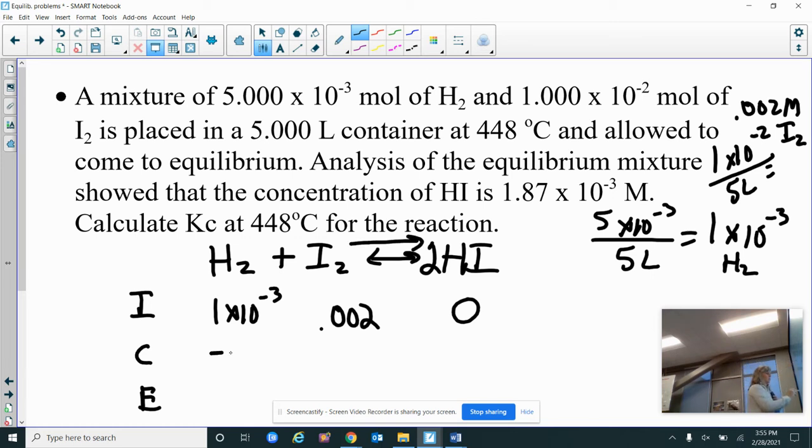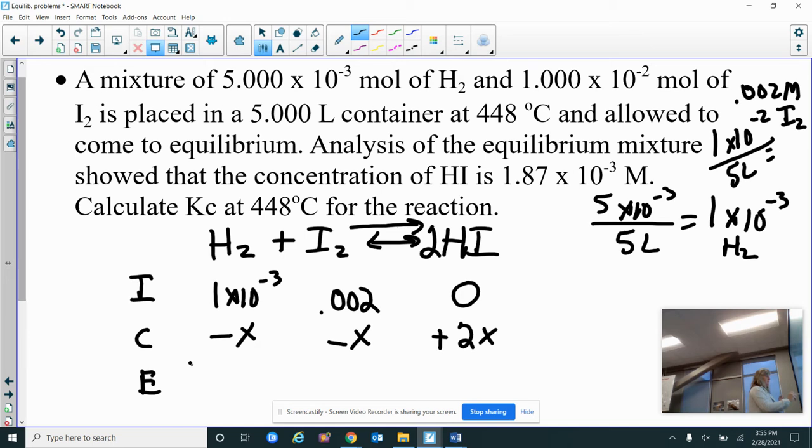So this will be losing X amount, this will be losing X amount, but this will be gaining twice as much. It'll be gaining 2X, because there's a 2 in front of the HI. So this will be 1 times 10 to the minus third minus X, this will be 0.002 minus X, and this will be 2X.